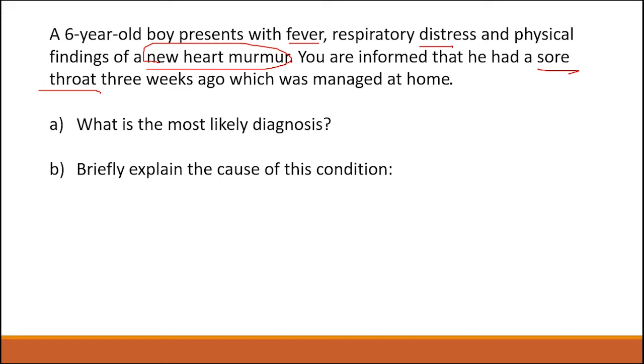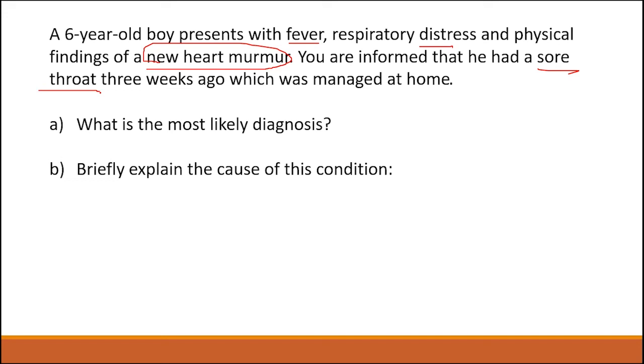How does it happen? It happens because the agent for the tonsillitis has now migrated, or it has now affected the host to the point that it is now causing an abnormal immune inflammatory response, which is causing the above diagnosis.